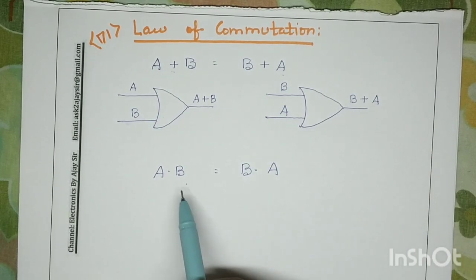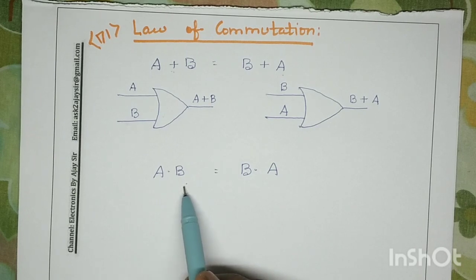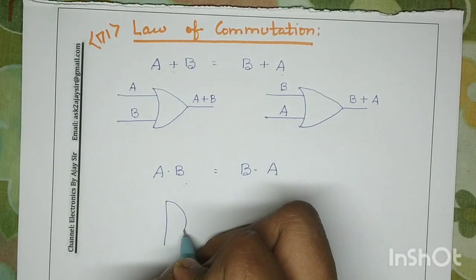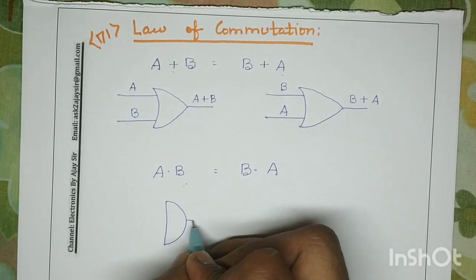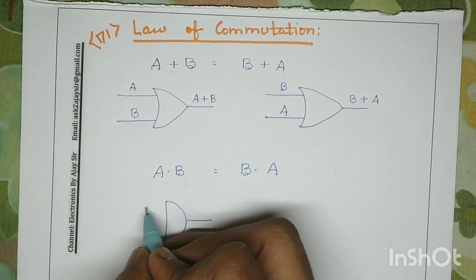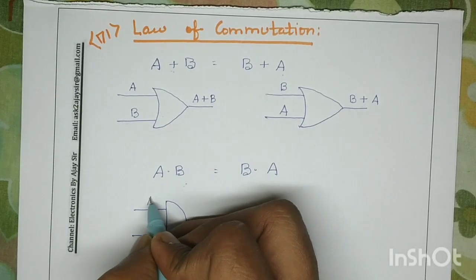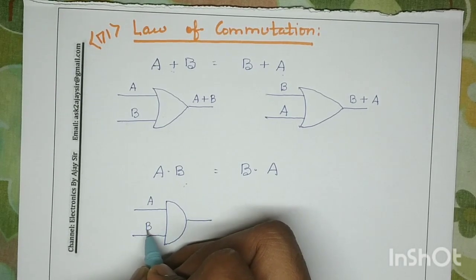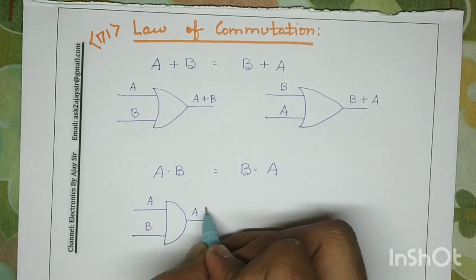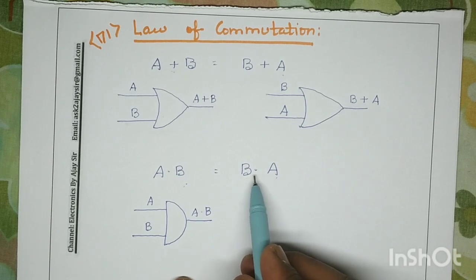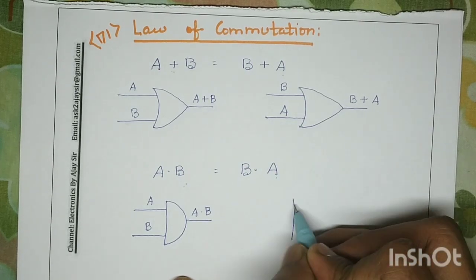Next we will do the circuit level implementation of A dot B. For this dot I need a AND gate. There are two inputs, so I need a two input AND gate. The inputs are A and B, so I will write A and B, and this is the output A dot B. Now for this expression B dot A, for this dot I need a AND gate.